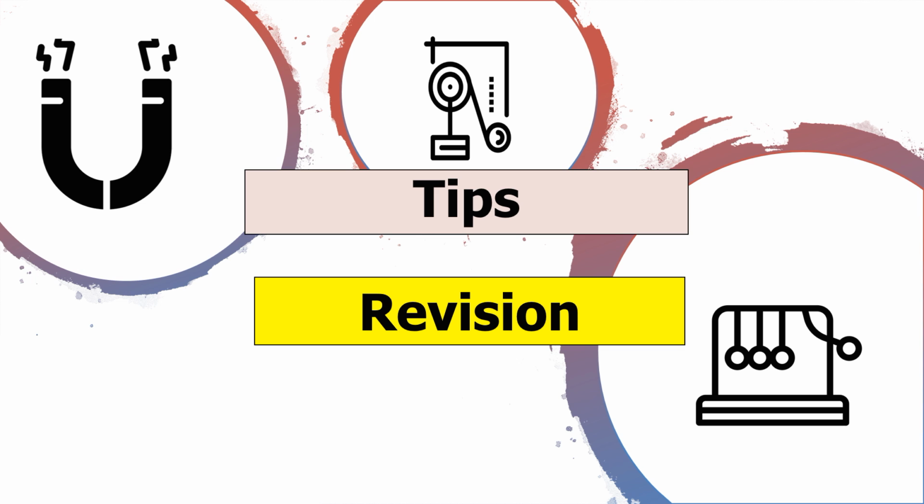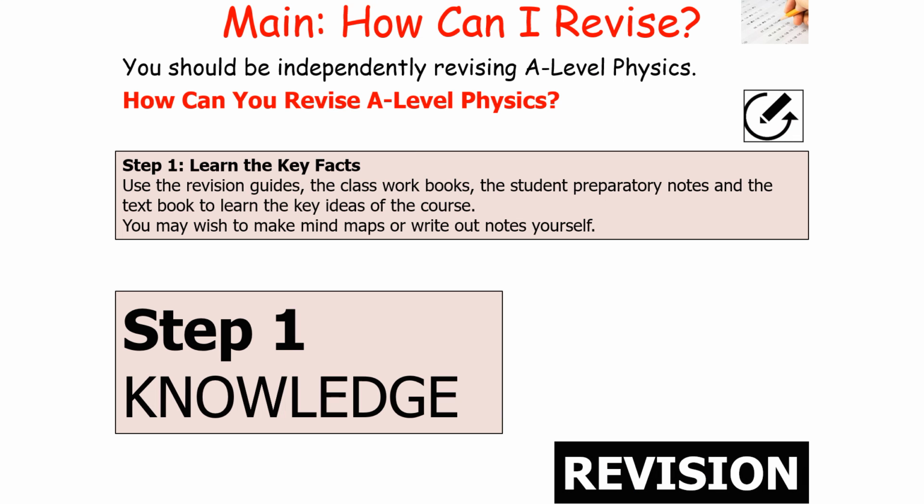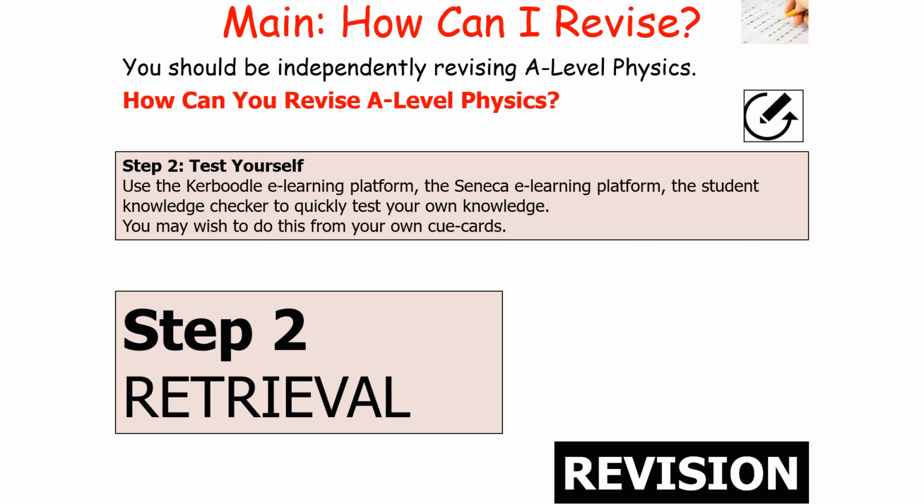So what are your tips to revising AQA A-Level Physics? The first step is to learn the key facts. Use revision guides, class workbooks, student prep notes and textbooks to learn the key ideas of the course, and you may wish to make mind maps or write out notes yourself to learn the knowledge. The second step is to use Caboodle, Seneca and student knowledge checkers to quickly test your own knowledge, and you may wish to retrieve your understanding using your own cue cards.